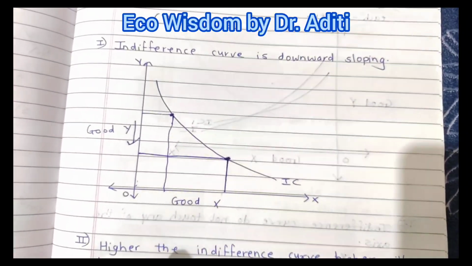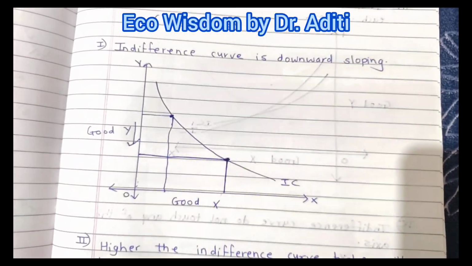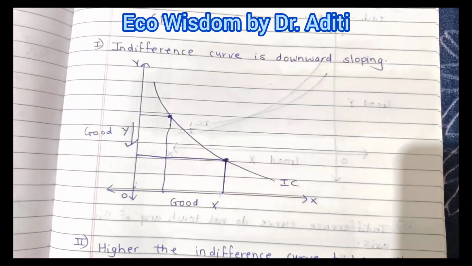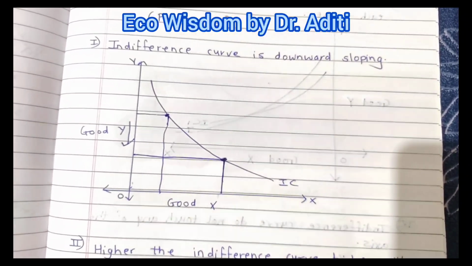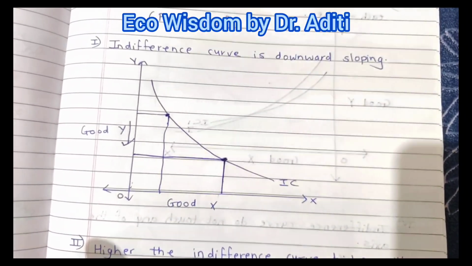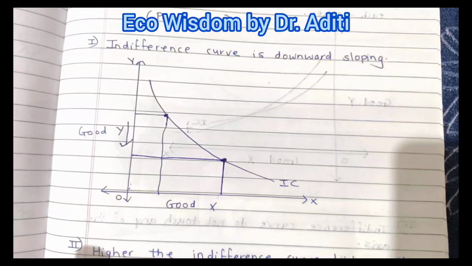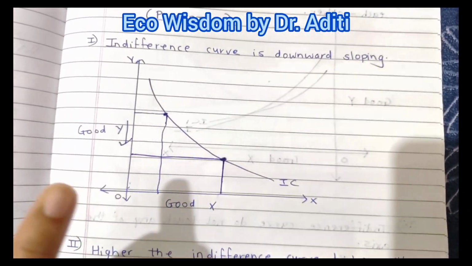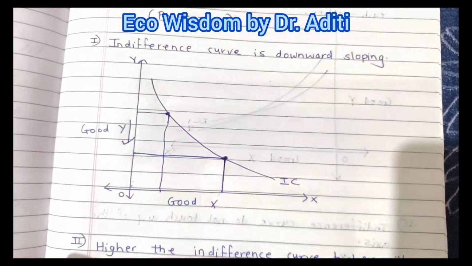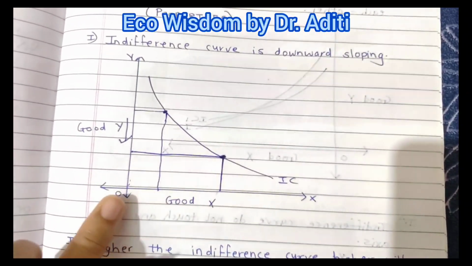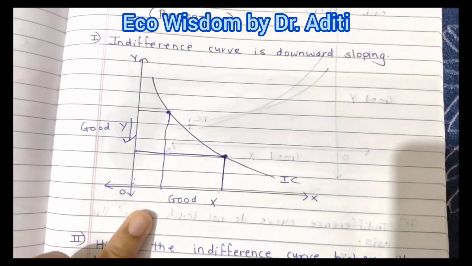If there is a sudden rise in price of a particular commodity, other things being equal, then the quantity demanded will go down. So price and quantity are again moving in two opposite directions. So there also, in case of demand curve, the direction is downward sloping from left to right. So it has again a negative slope. So the same logic is applicable over here.